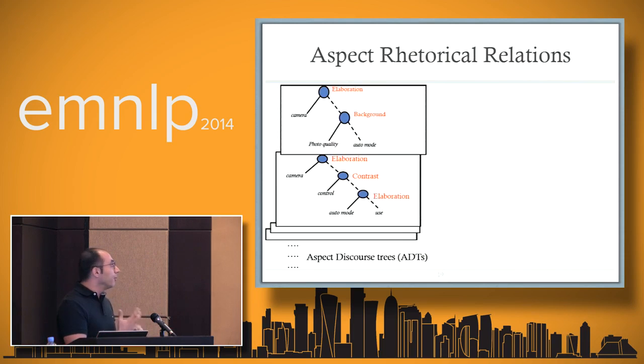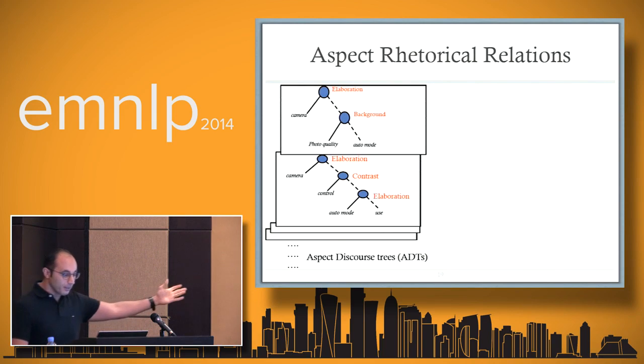What we aim for by aggregating them is to find which aspects are heavier or more important for us, and at the same time, which rhetorical relations are higher rated and are linking these aspects together in a heavier manner.